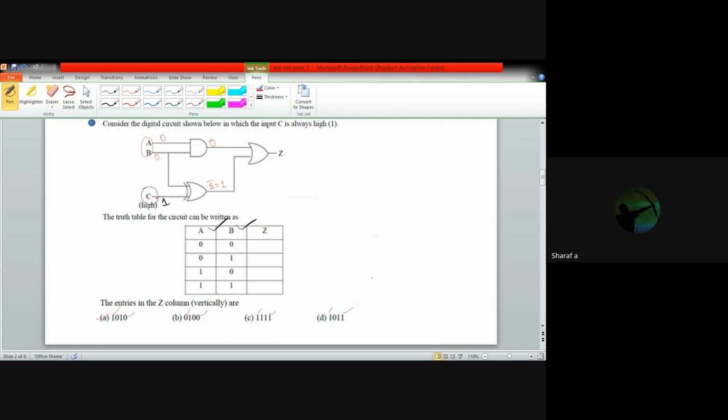Or you can just substitute 1 and 0 in the XOR expression, and then also you get 1 as the output. So with 0 from the AND gate and 1 from the XOR gate, 0 plus 1 is 1. So the first output will be 1.